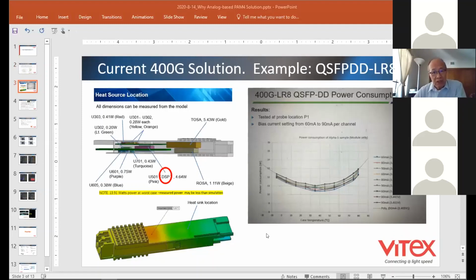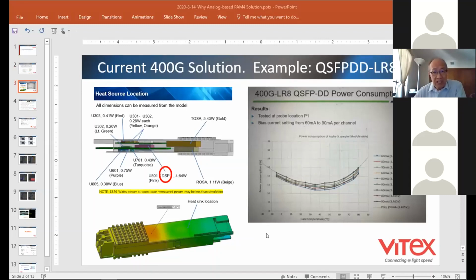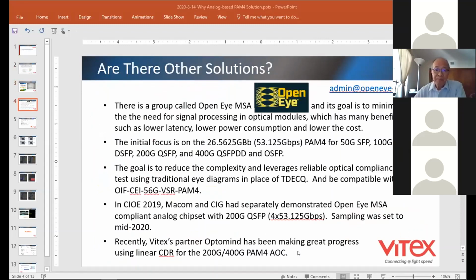So going into the next slide, I would like to show you some information on what I'm talking about. I don't know if you know, there is a group called OpenEye MSA.